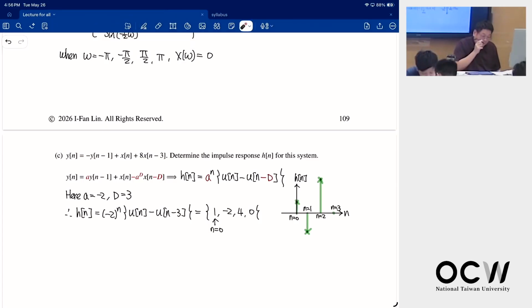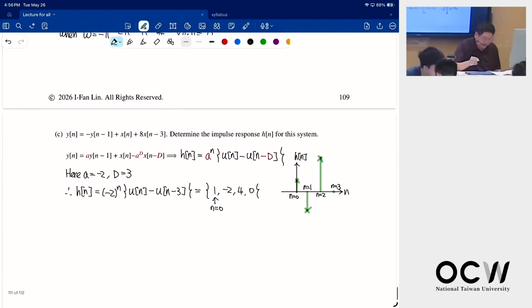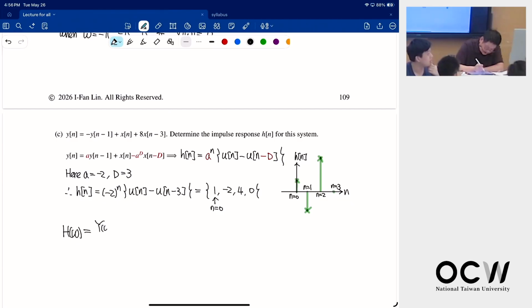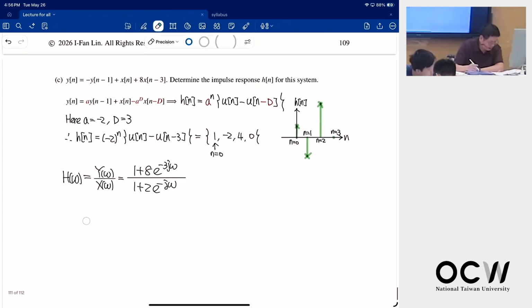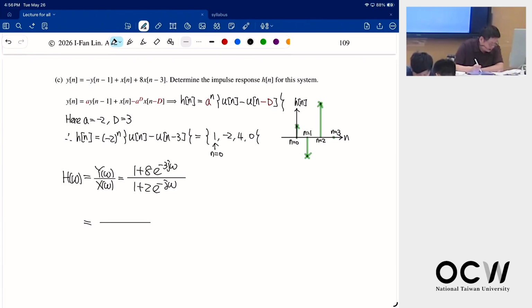Let's prove this. If I take the Fourier transform, let's do the fraction expansion.